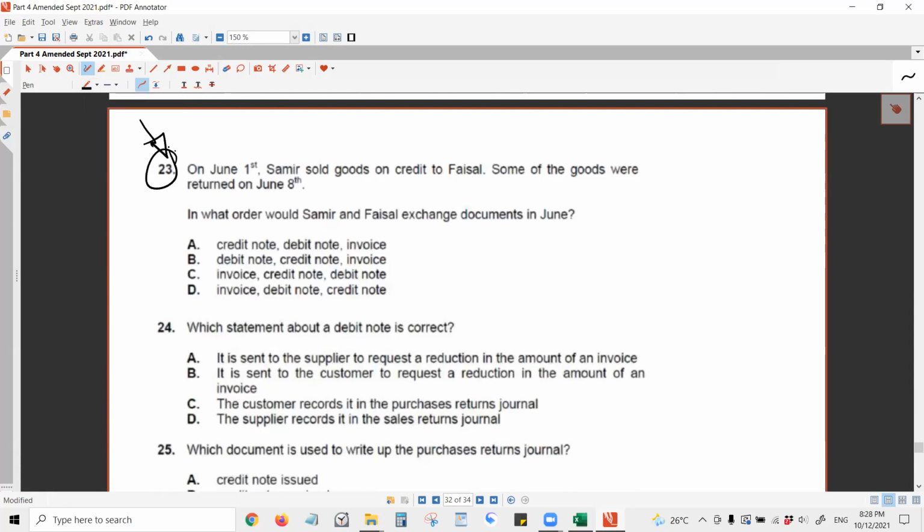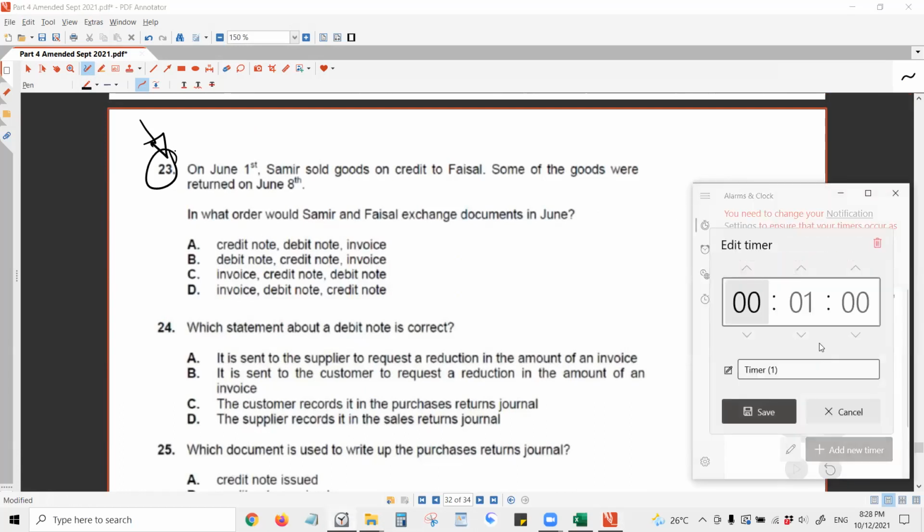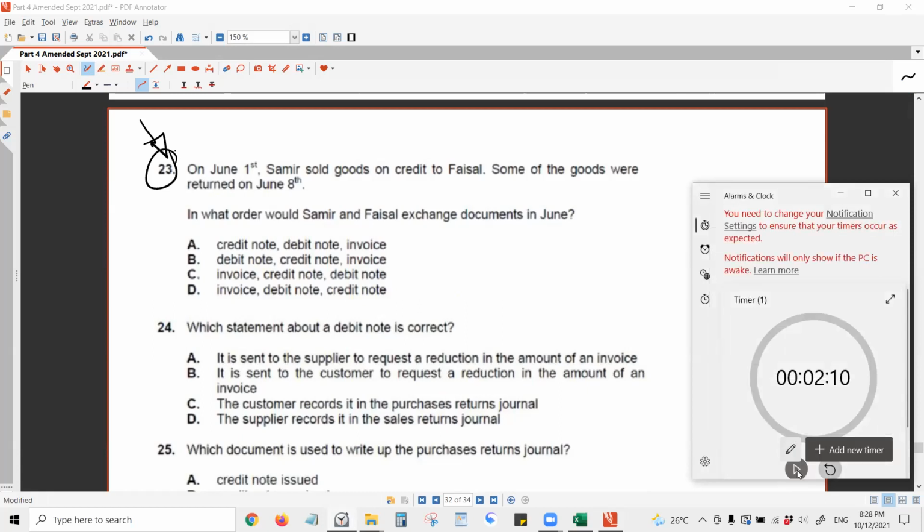Most of the questions here are from workbooks, past exam papers, from many sources. I give you a timer, then you give me answer within the time given here. Give you 10 more seconds. Standard time for MCQ is 2 minutes, but I give you 10 more seconds. Can begin. I wait for your answer.